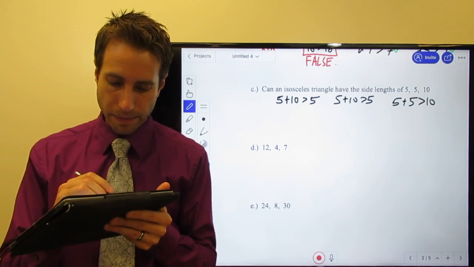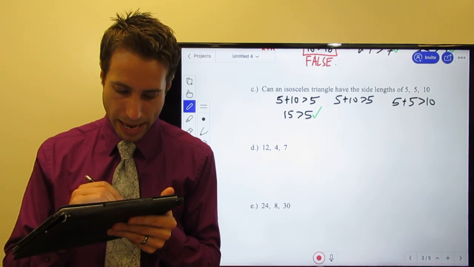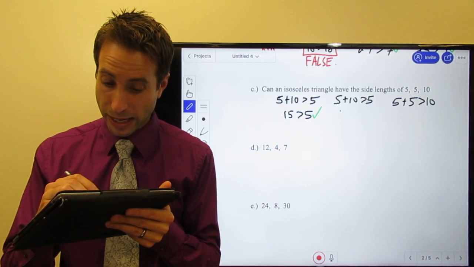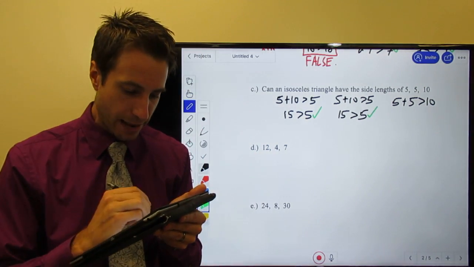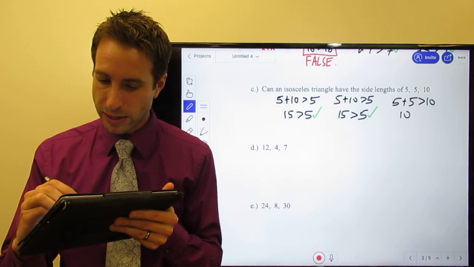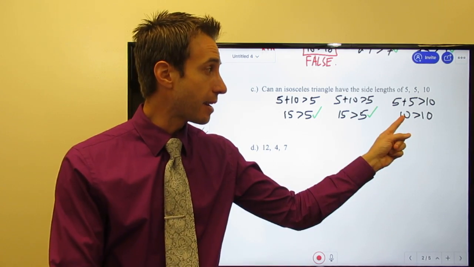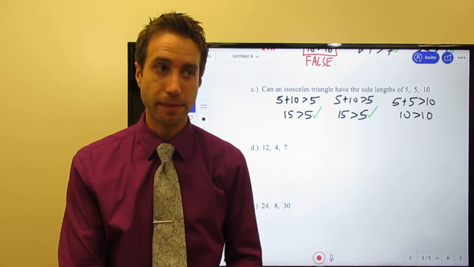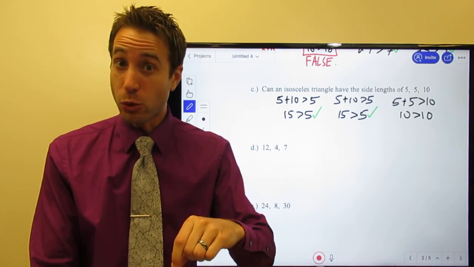All right, let's check them. Well, 15 greater than 5? You bet. 5 plus 10, I get 15 again, greater than 5? You bet. Let's see, then I get 5 plus 5, which is 10. Now, careful here. Is 10 greater than 10? No. 10 is equal to 10.